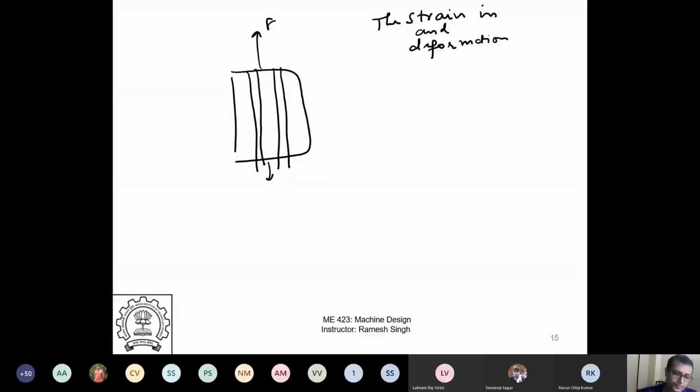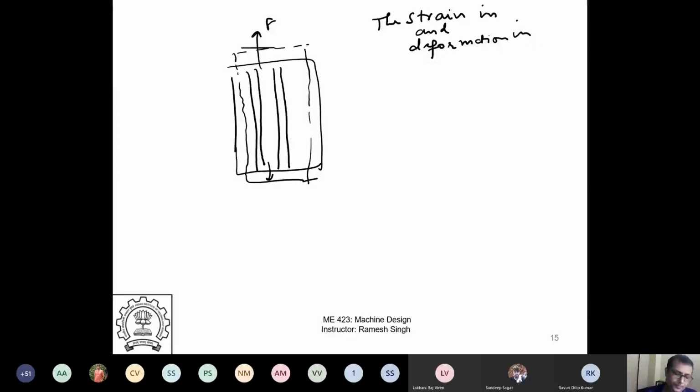So the strain which will be induced if I pull it will increase in this direction. So it will become something like this. So the strain and deformation in both the fiber and the matrix is same.